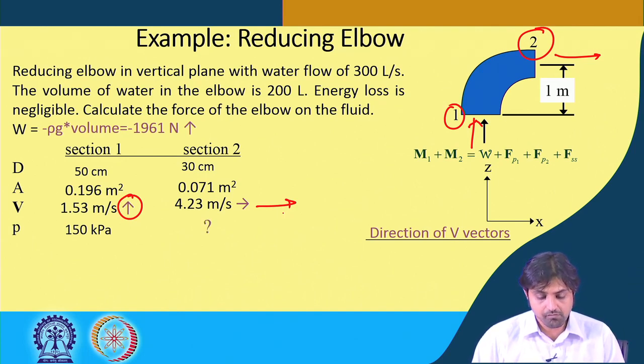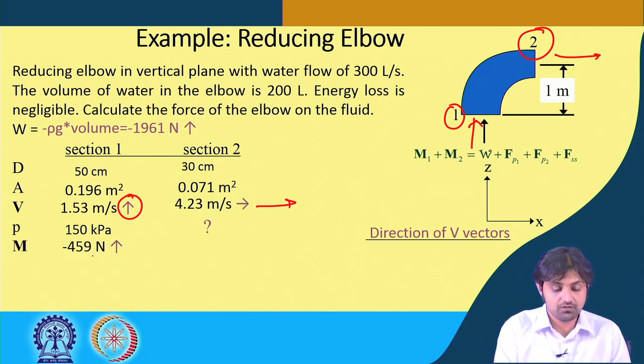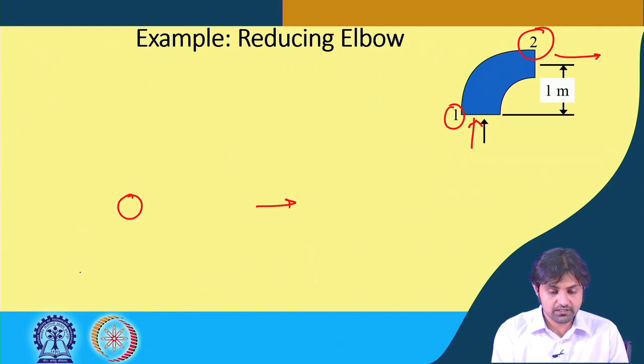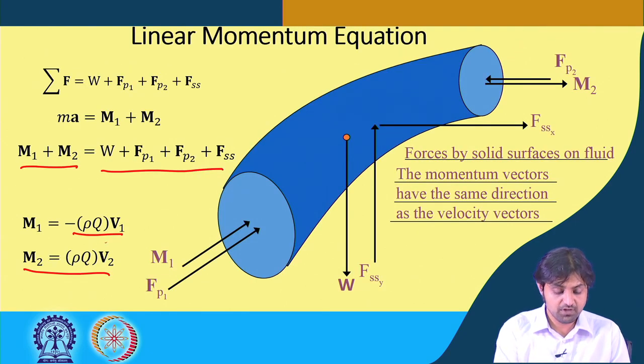We need to find the pressure at section 2. Because we know all the values, we can calculate M as minus 459. How can you find M? You can see that in the slide below: M1 is minus rho Q V1, M2 is rho Q V2.